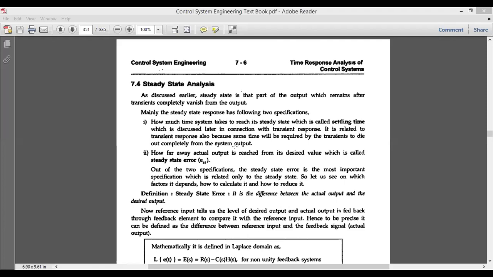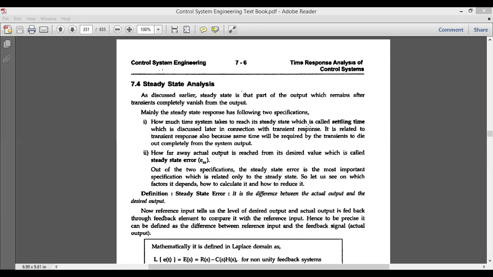How much time the system takes to reach its steady state is the settling time. Once you apply the input to a control system, the system functions with respect to time t, and after some time interval it reaches its steady state, and that time is called the settling time. We have one more specification, the steady state error.